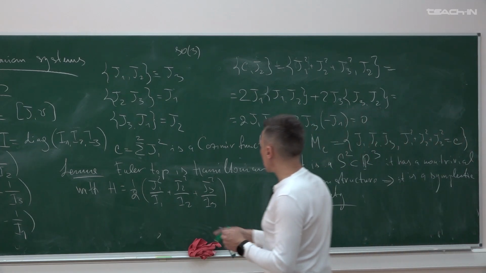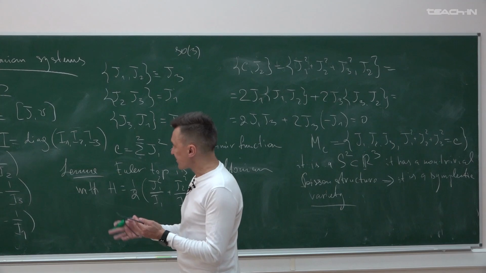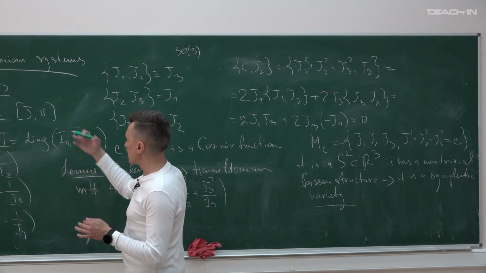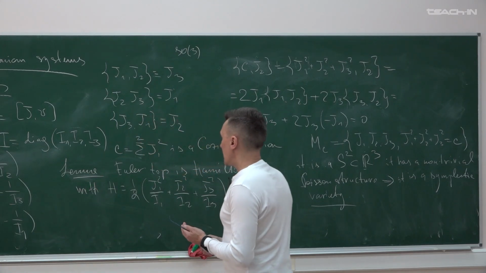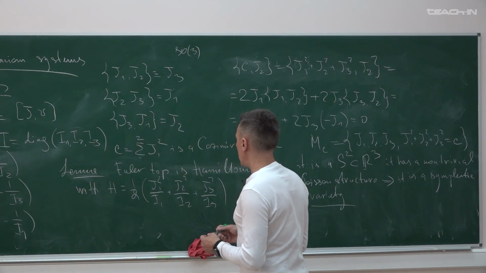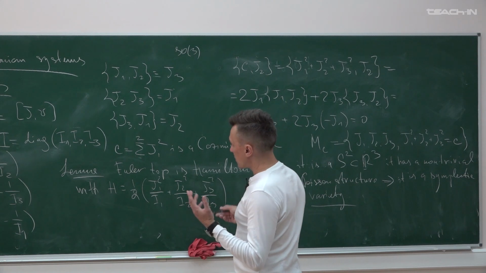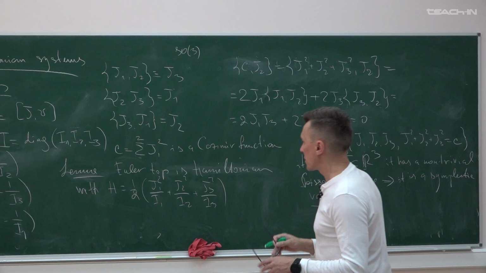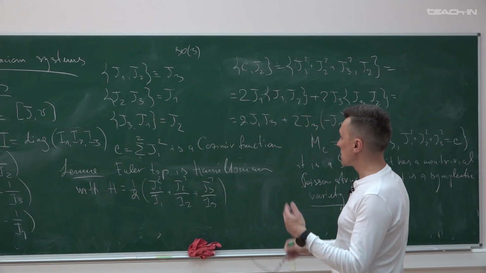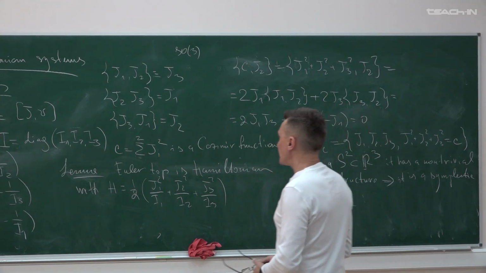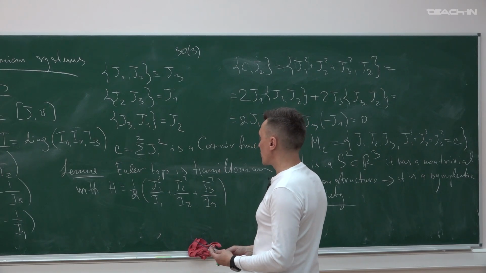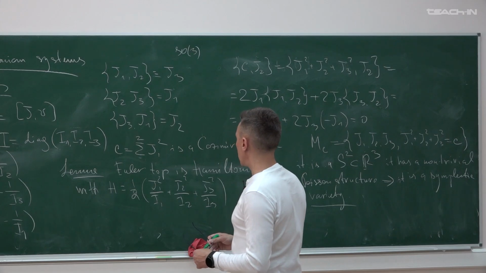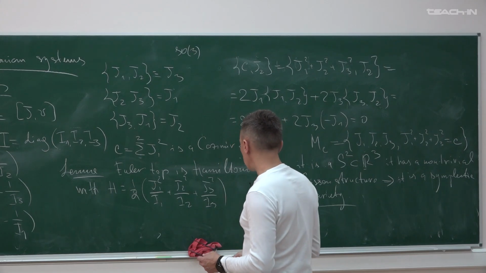So you remember these constants are some inertia characteristic of our rigid body. So we suppose that these are some non-coincident constants. So it's a generic body with some generic set of the inertia coefficients.